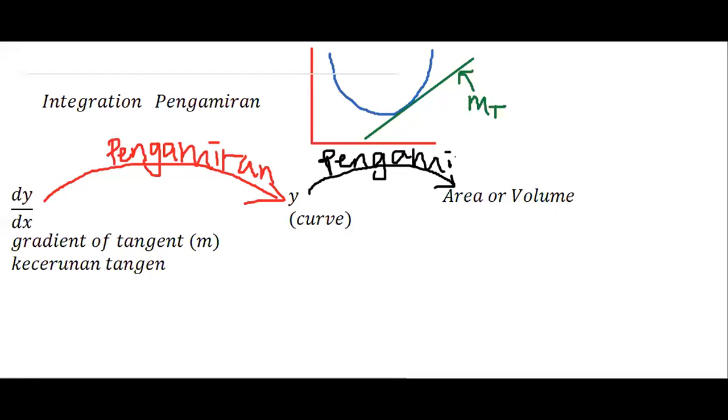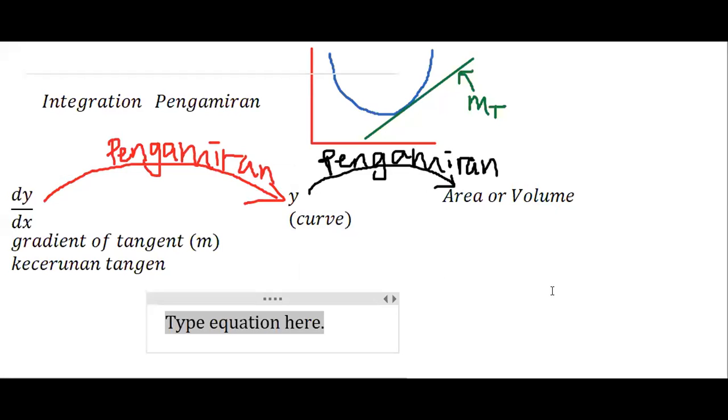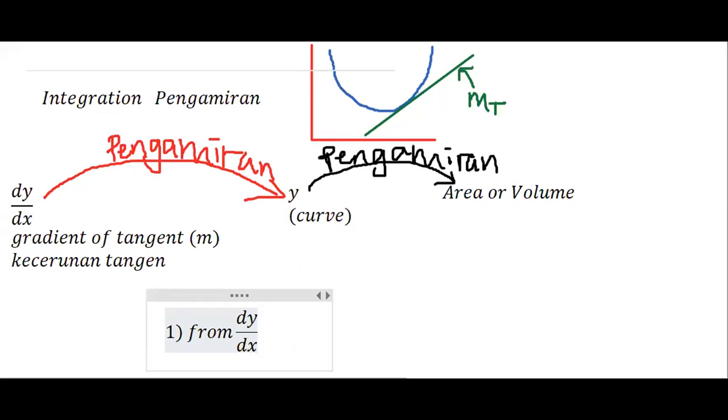So again, what is the purpose of doing integration? Apakah tujuan kita buat pengamiran? Got two function. Function one, from gradient of tangent or from dy/dx, I want to find the function of curve, which is y.